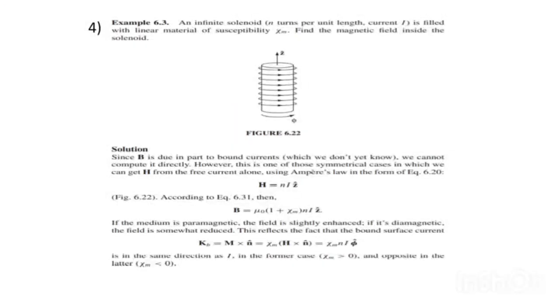This reflects the fact that the bound surface current K_b equals M cross n cap, which equals chi m of H cross n cap, which equals chi m n I phi cap. It is in the same direction as I in the former case, where chi m is greater than 0, and opposite in the latter, as chi m is less than 0.